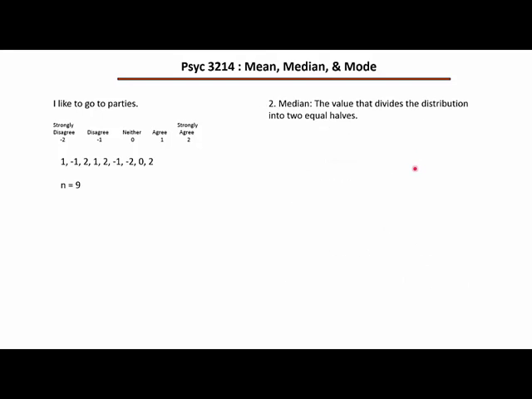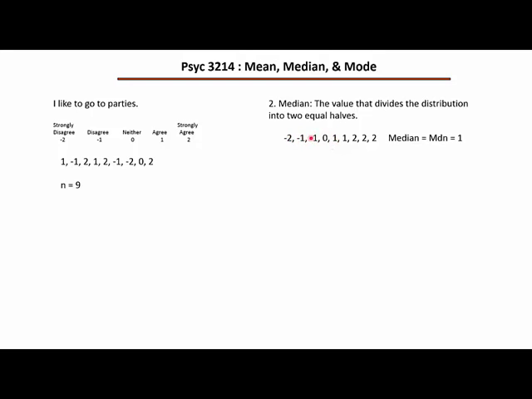Now the next measure of central tendency is the median, and that's the value that divides the distribution into 2 equal halves. So here again, I've taken these 9 individuals or 9 data points and I've ordered them from least to greatest. And now what I do is I find the value that cuts the distribution in half.